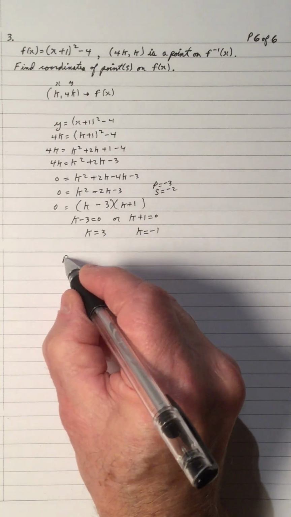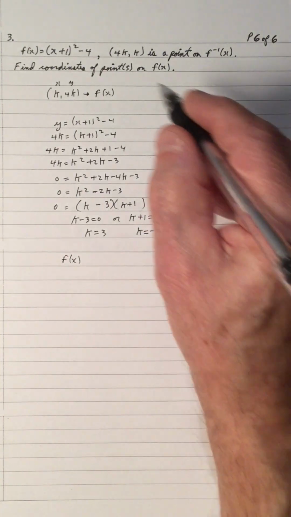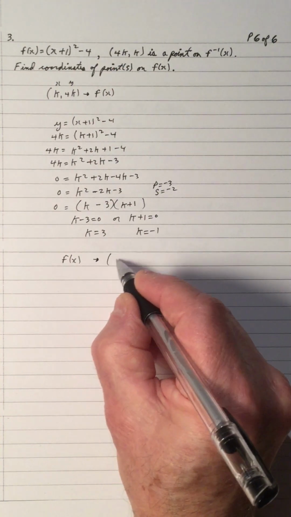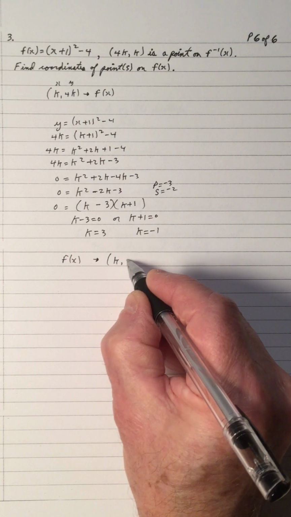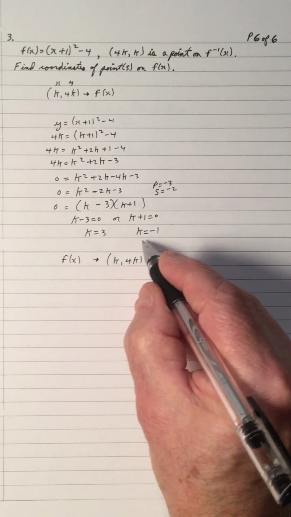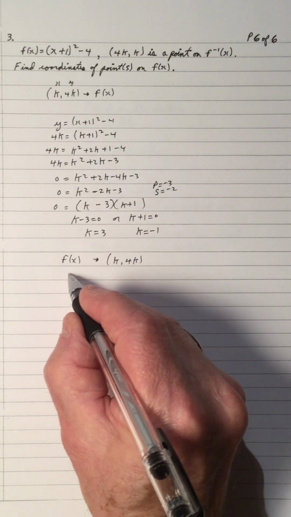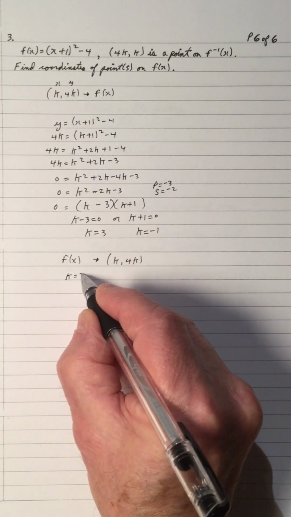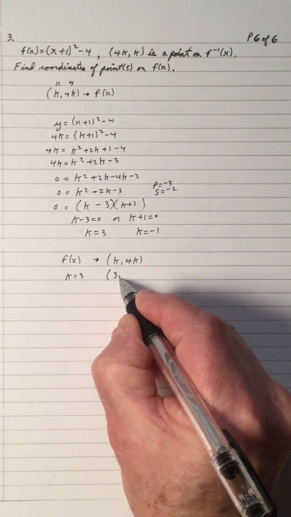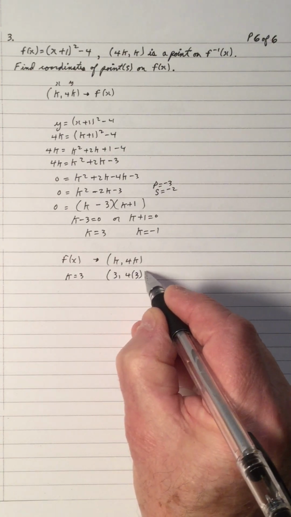So we got the f of x. We want the points on the f of x. So the f of x has the coordinates of k, comma 4k. So if k is going to be 3, we have a 3 and a 4 times 3.